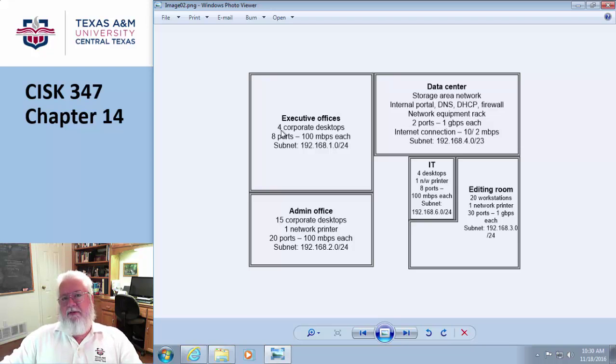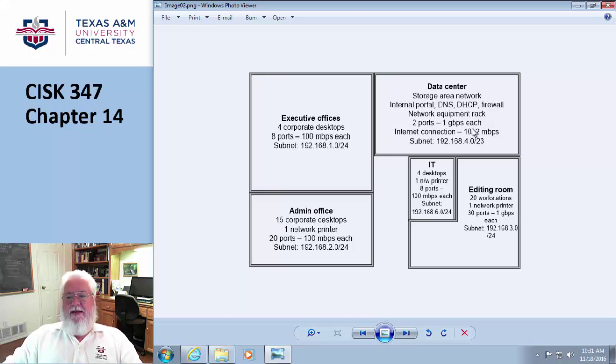The rule of thumb is essentially the ITU, International Telecommunication Union, recommends 3 cables, 2 network cables and a phone cable to every workstation, because they anticipate that something's going to happen in the future. So these guys are saying 4 corporate desktops with 8 ports and 100 meg each. And here they have 15 corporate desktops and a network printer, but they're going to round it off to 20.